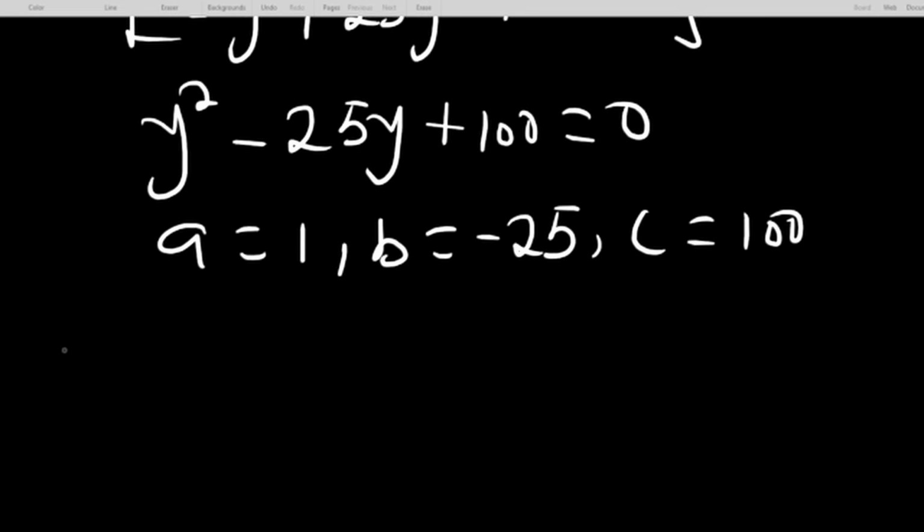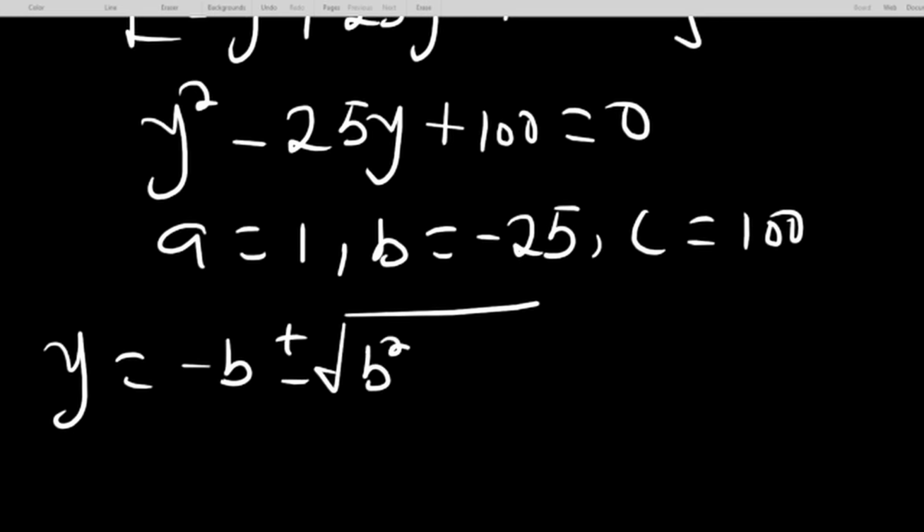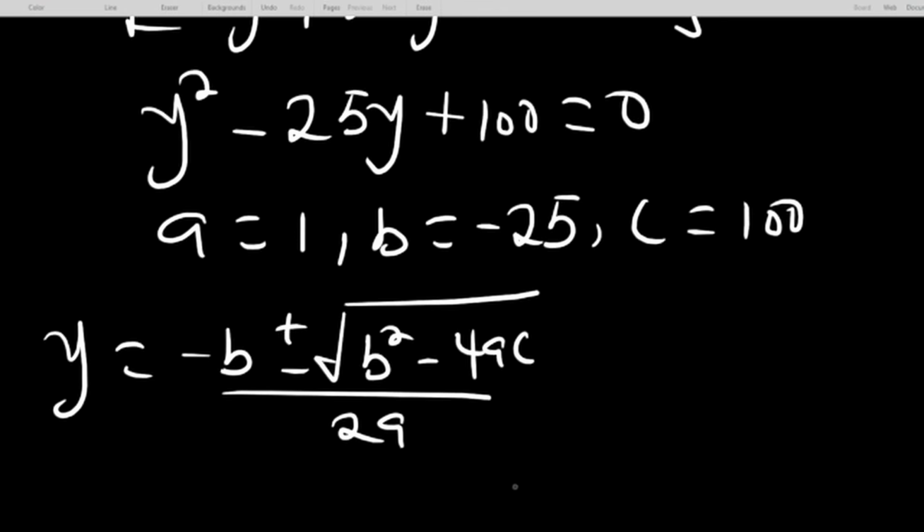Here we have y equals -b. We're going to use the quadratic formula. Then we say plus or minus the square root of b squared minus 4ac all over 2a. Next, we substitute.